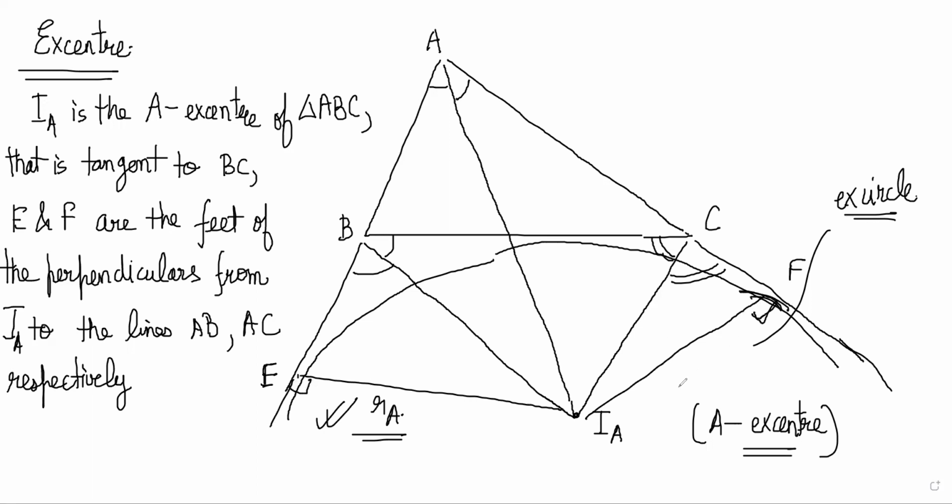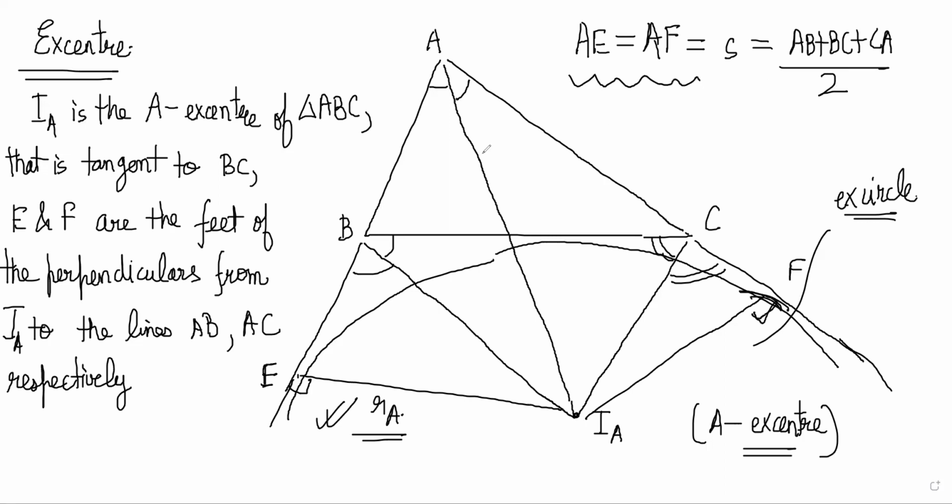So if E and F are these two, then AE is equal to AF is equal to S, which is the semi-perimeter, (AB plus BC plus CA) by 2. Why are AE and AF equal? They are equal because A is an external point from which two tangents are drawn to the excircle.